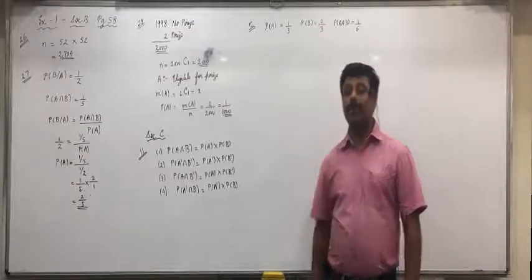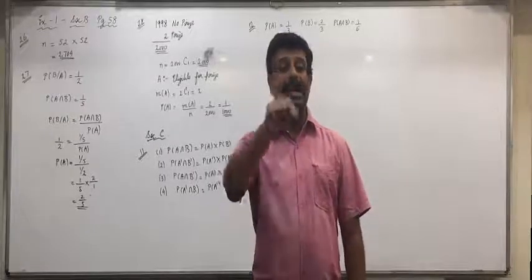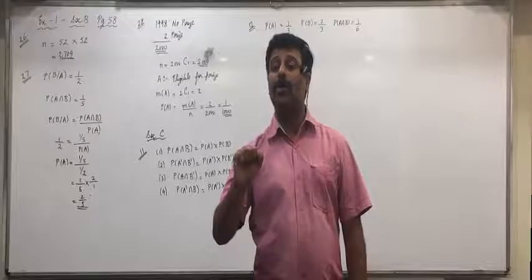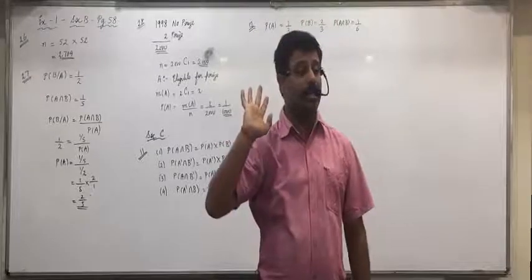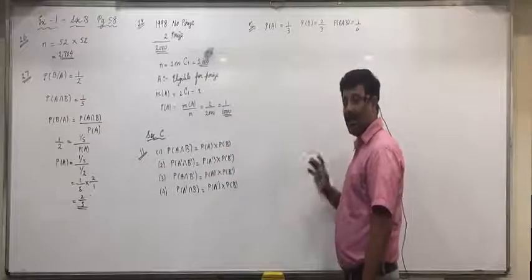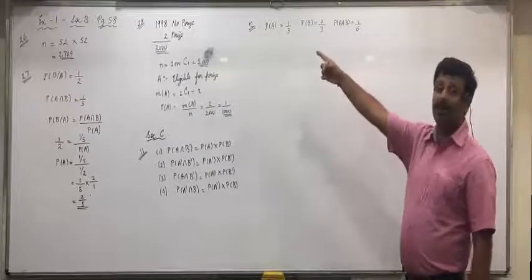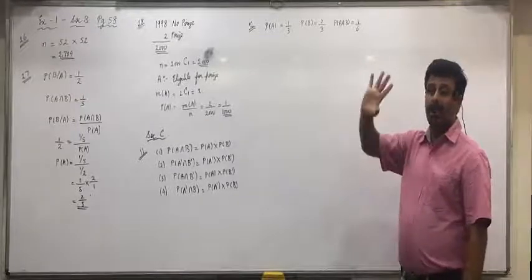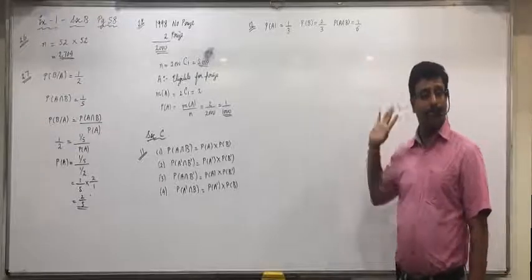So they are not independent. If they were independent events, then P(A ∩ B) would be equal to 2 by 9, and then you can apply that formula for A' ∩ B'. But here P(A ∩ B) does not come equal to P(A) into P(B), means they are not independent. So we'll have to use the other formula, (A ∪ B)'.